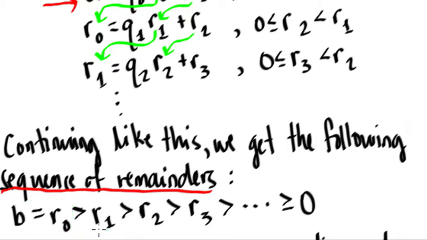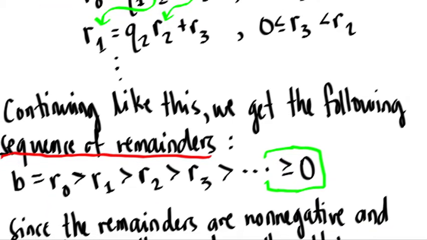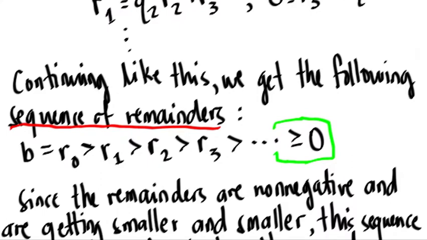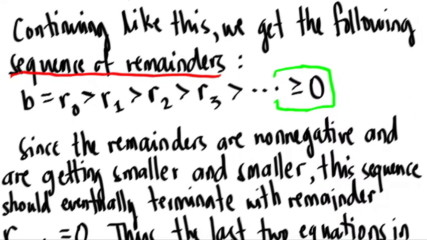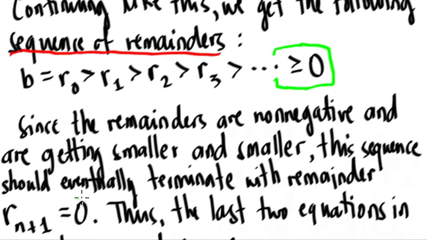So we say that r sub 0 is greater than r sub 1, which is greater than r sub 2, which is greater than r sub 3, which are all greater than or equal to 0. Since the remainders are all non-negative and are getting smaller and smaller, approaching 0, this sequence should eventually terminate with remainder r sub n plus 1 equals 0.